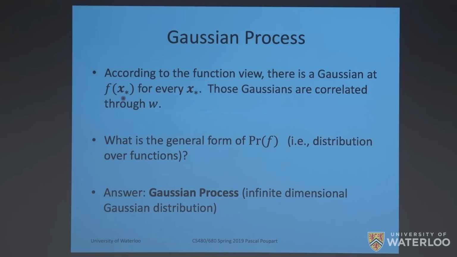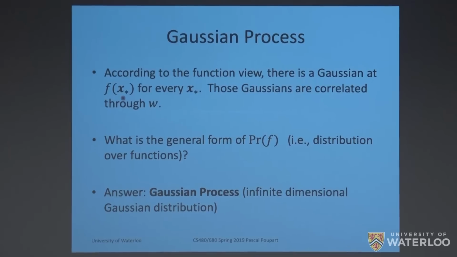Okay, so the function is unknown, and now we want to express a distribution over the function. But then really the function, its purpose is to be applied to some input x, so I can verify when I apply f at x what the output should be, and then express a distribution over that output. Right? And then I can do this for every x, and that's essentially what I have on the board here.